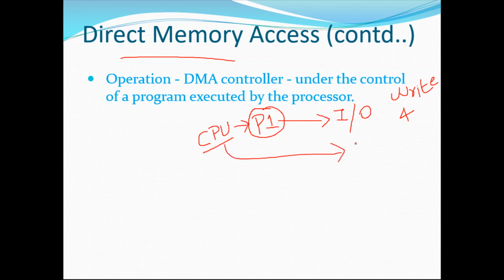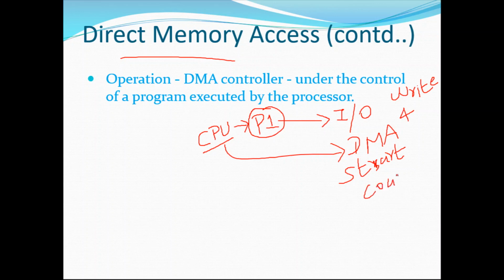So the CPU will start the DMA operation, and it will say that for this particular process P1 DMA should be carried out. It will specify the starting address, the count, like how many IO transfers should be done, and what operation is to be done.